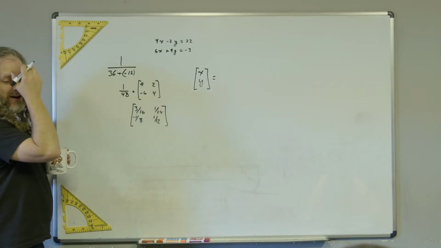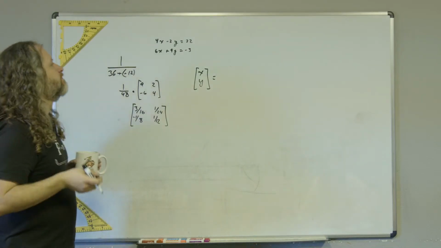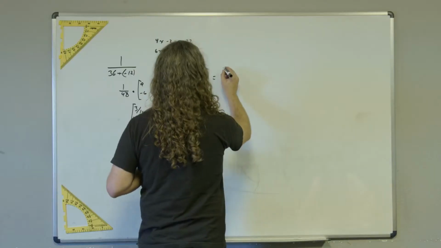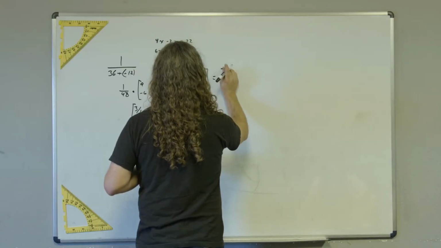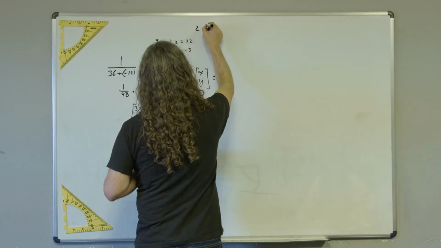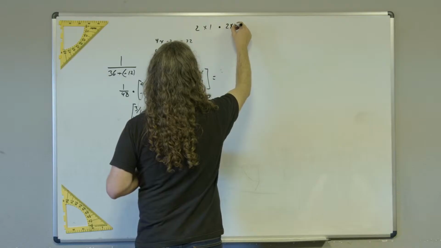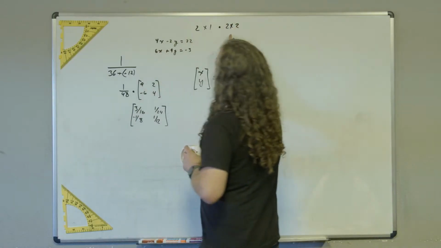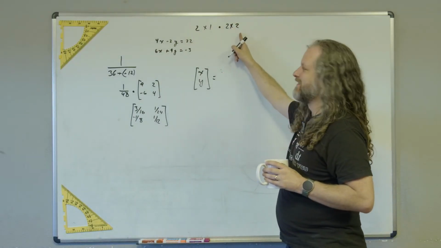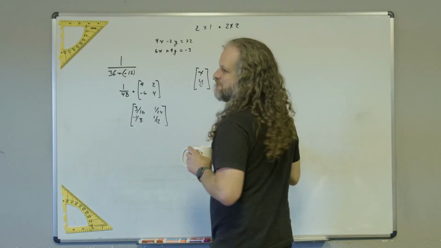The left or the right? The right. Are you sure? This is a 2 by 1, right? And we're multiplying that times a 2 by 2. So can it go on the right? No. Oh, I meant left.